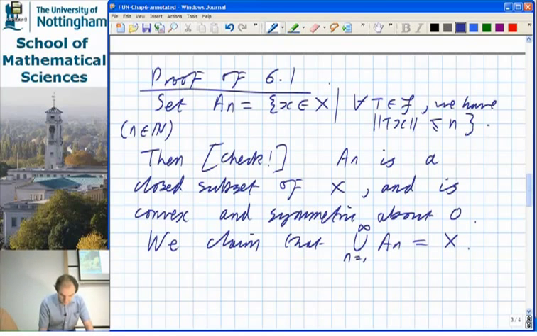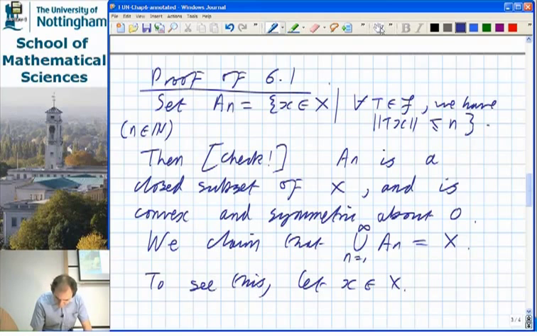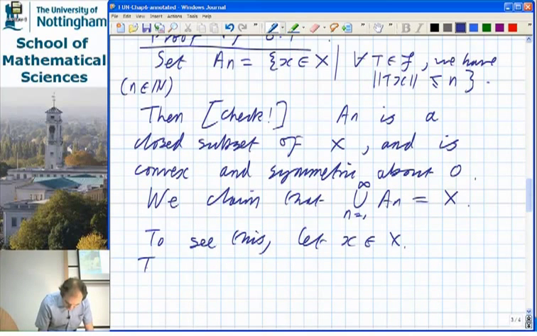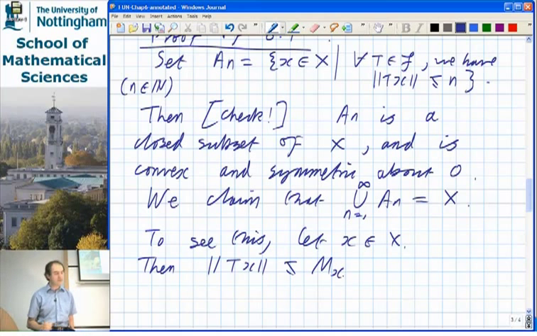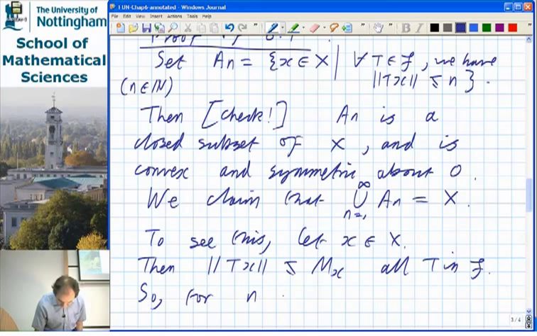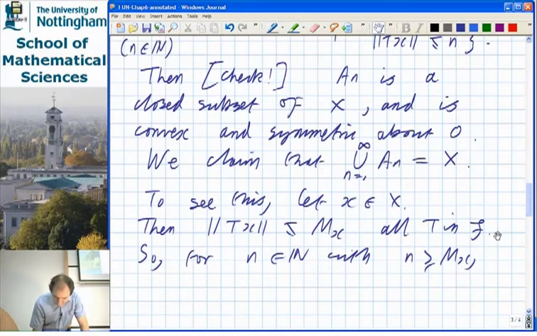Well, to see this, we'll let x be an element of X. Then the norm of Tx is at most m_x, that constant that depends only on x, for all T in F. So for n in N with n greater than or equal to m_x, x is in A_n.